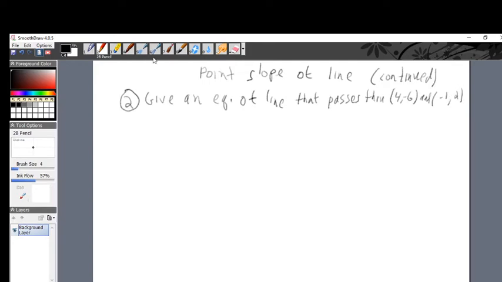Okay, so right away, the first thing you should do on your scrap paper is write down the formula y minus y1 equals m times x minus x1.